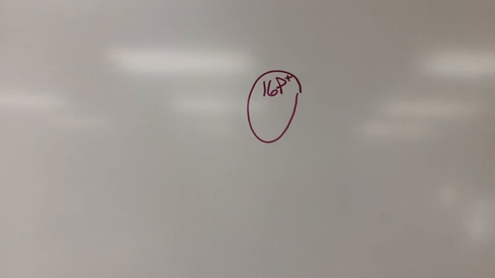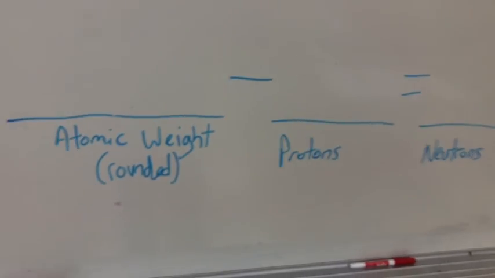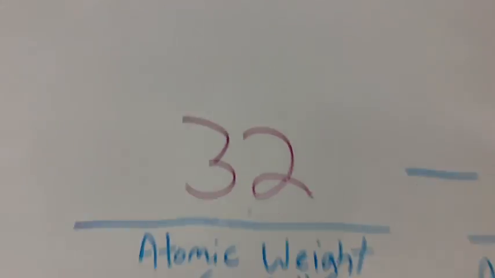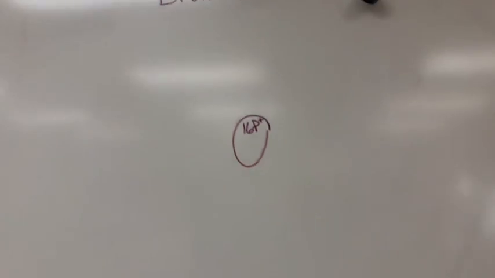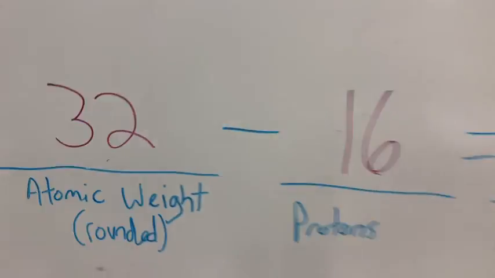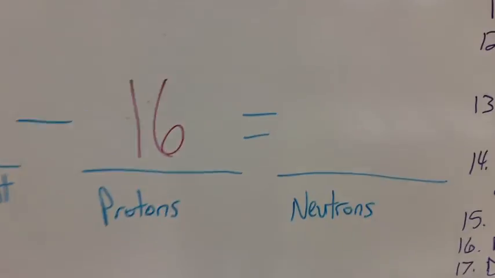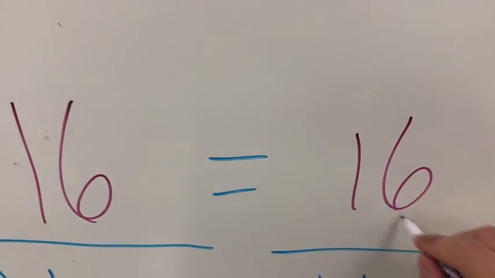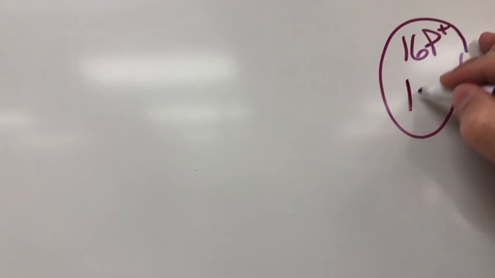Now remember it weighed 32.0 something, so its atomic weight rounded becomes 32. The number of protons is 16. Doing quick math, 32 minus 16 equals 16 neutrons. So we'll add that into our nucleus.